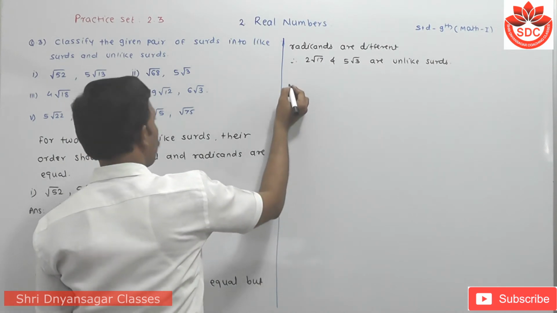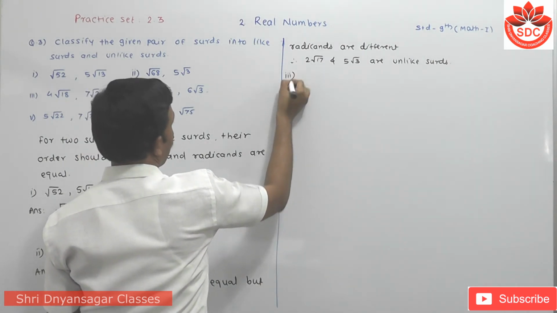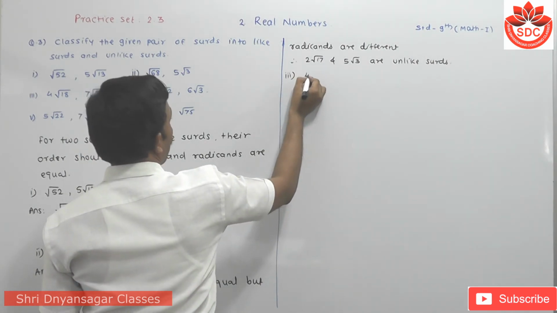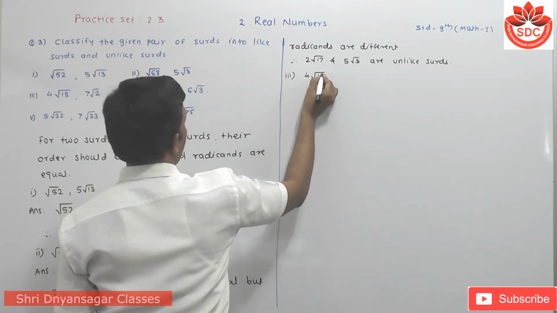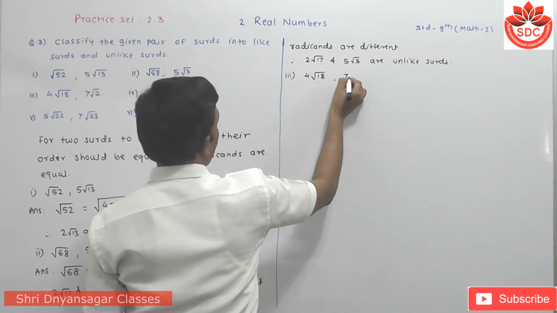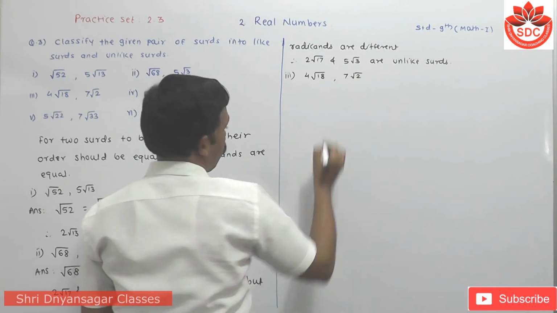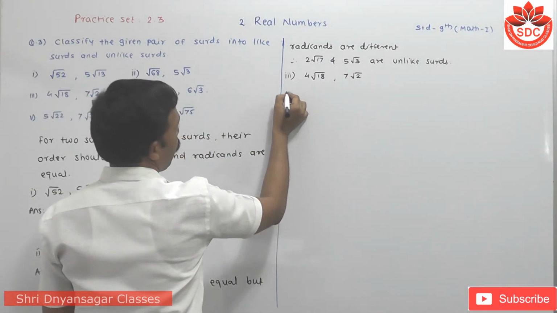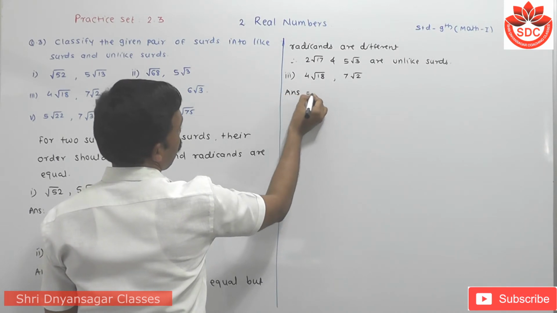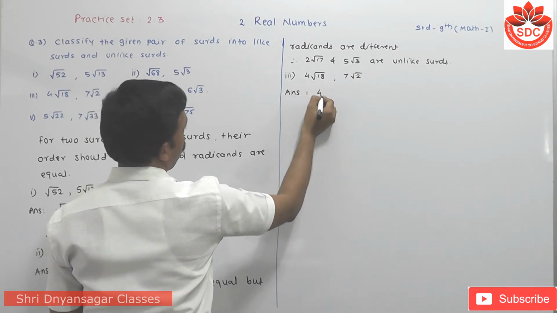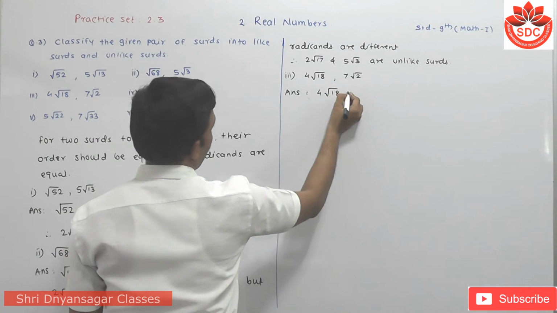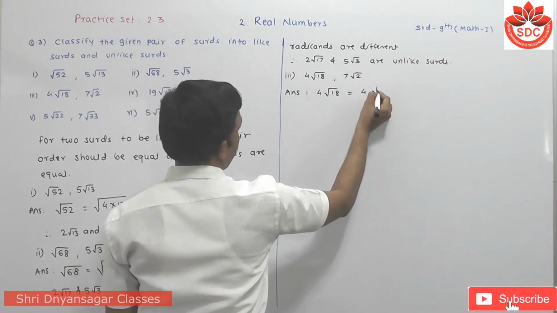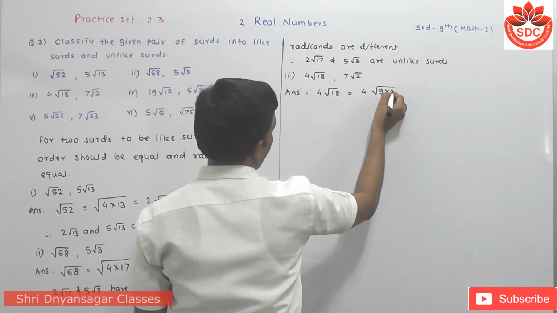Okay, then we take the next one. The third one is 4th root of 18 and 7 root of 2. Now here we take first 4 root of 18. Now we factorize this root of 18: 9 into 2.